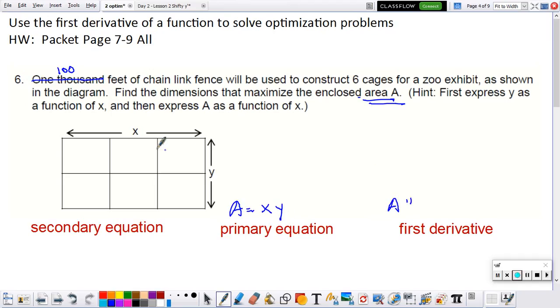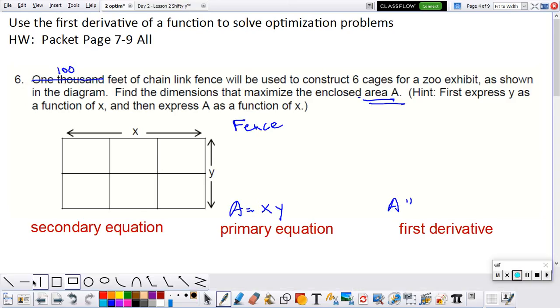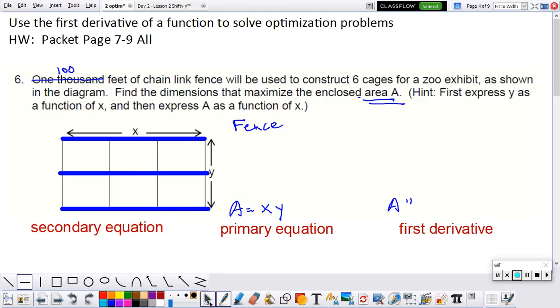Problem is I really can't have it like this. So what I'm going to do is add up all my fence. So if we have x is this length, we have one, two, 3 x's we're using for our fence.